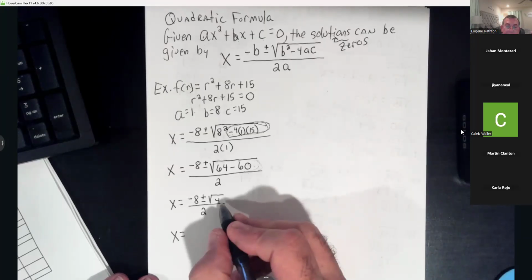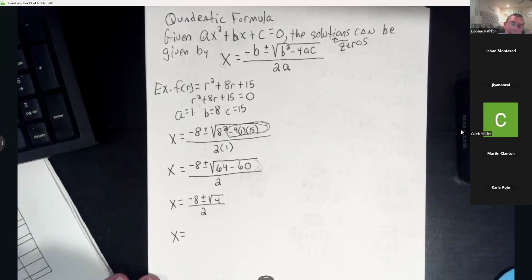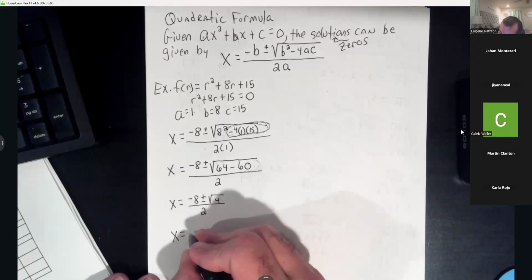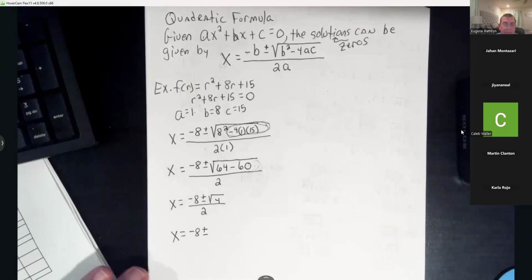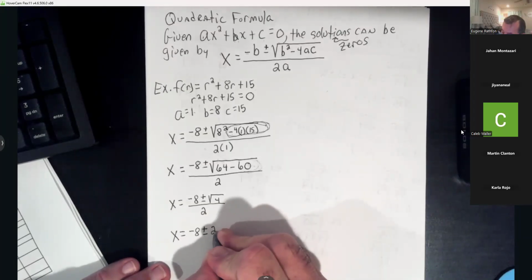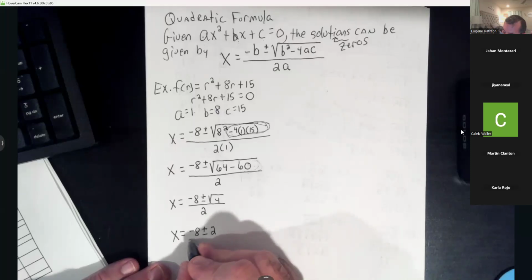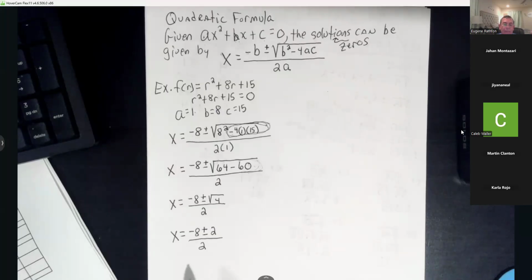All right, y'all. So the next thing, you got a single number under that square root. So now you're going to take that square root. So bring down that -8 plus or minus square root of 4 is 2. And y'all, that's all over 2 on the bottom.